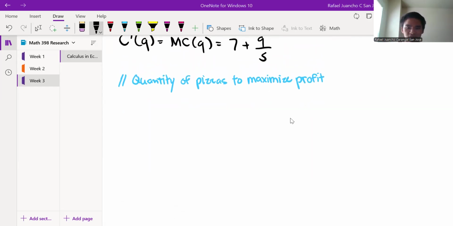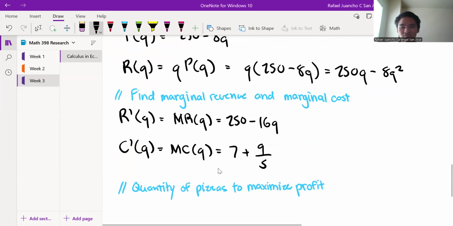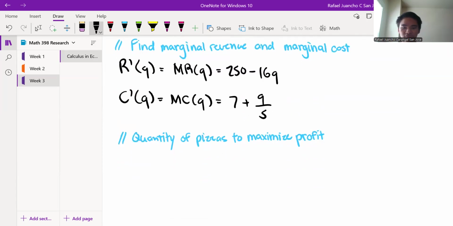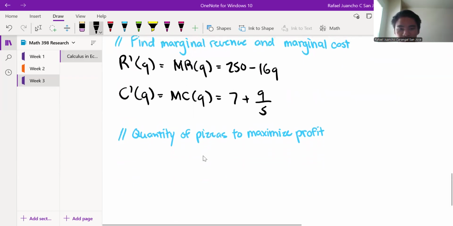And so to do this problem, we want to set our marginal costs and marginal revenue equal to each other. Why? Well, here's the thing.